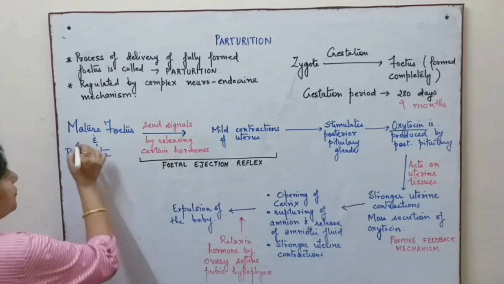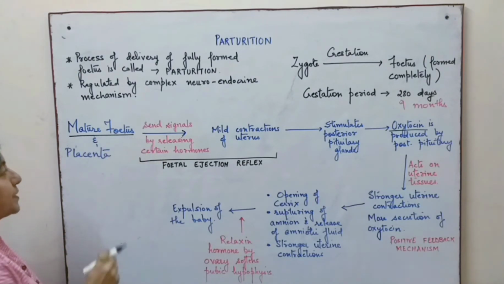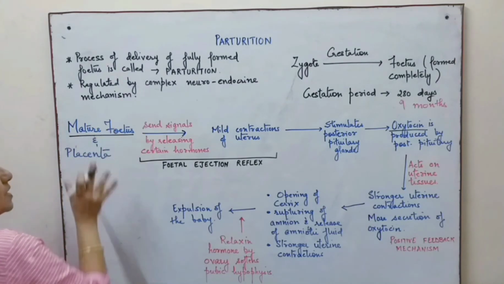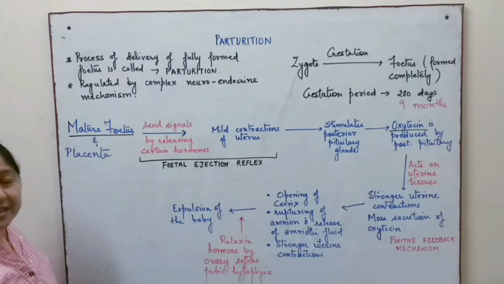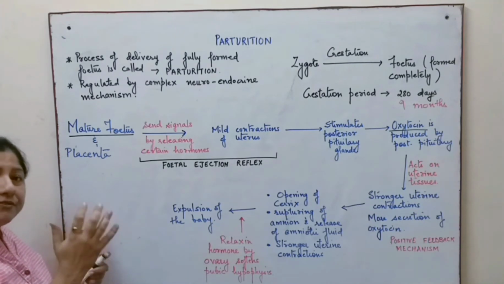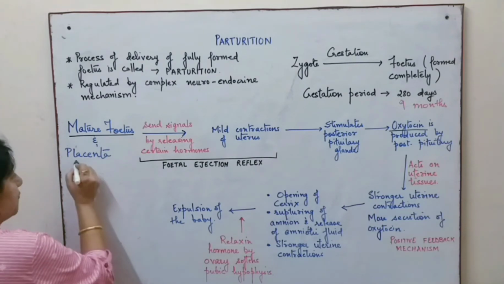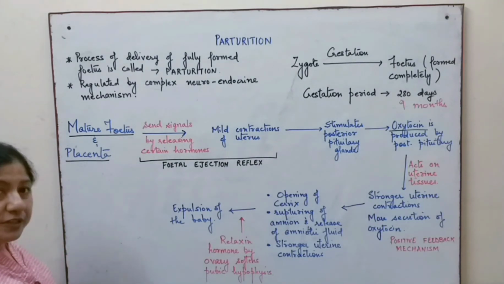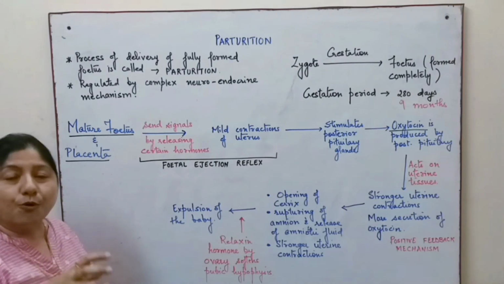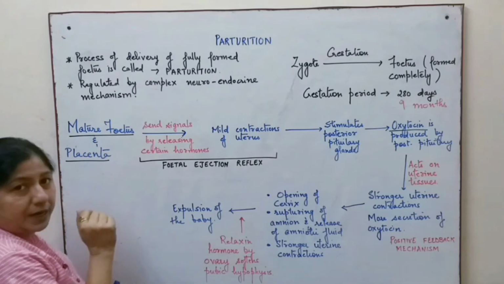The mature fetus, that means the fetus when it is completely developed, will send signals in the form of certain hormones, and these hormones pass through the placenta. So we say that the mature fetus and the placenta both are involved in sending signals for parturition.